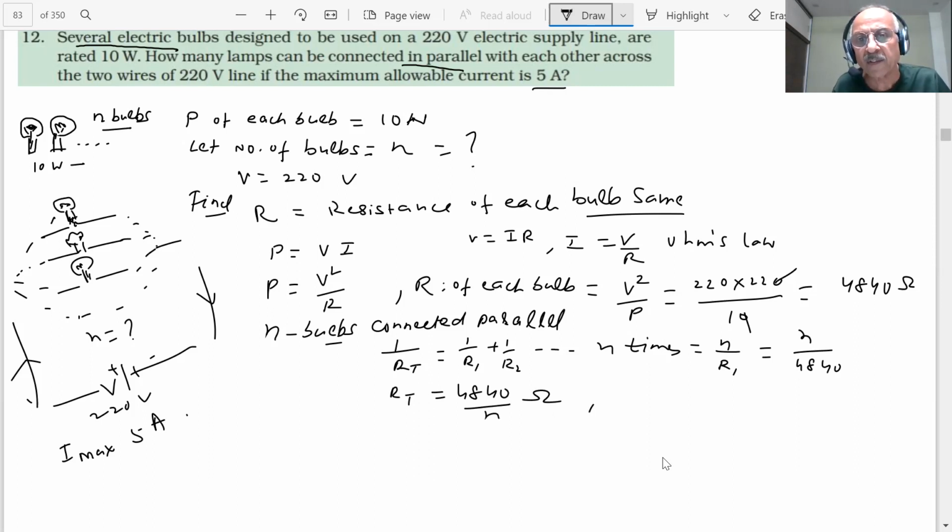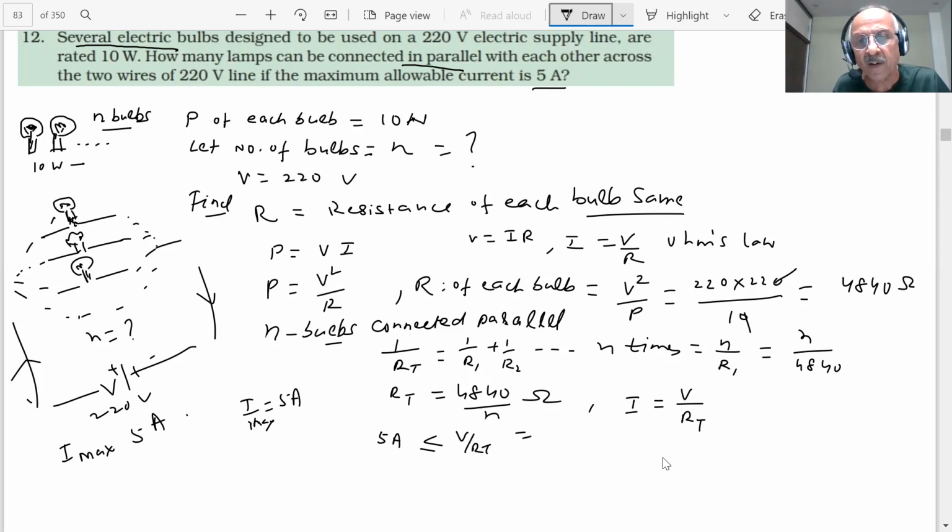Then what is the maximum value of the current? I is equal to V by R. And maximum allowable current is 5 ampere. This current is how much? Less than this. I max is 5 ampere, maximum. So 5 ampere is less than or equal to V by RT.